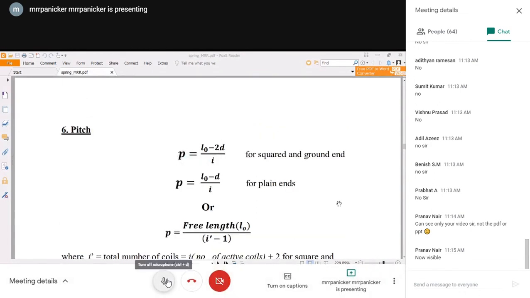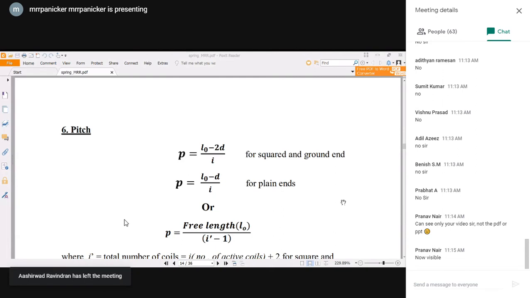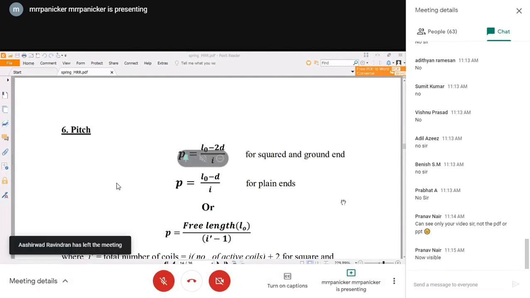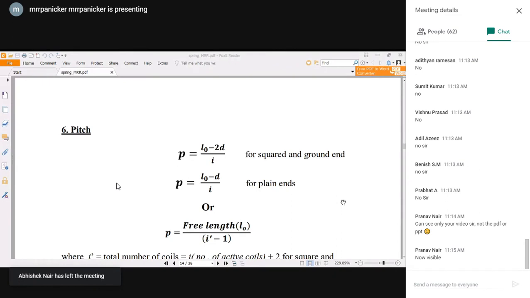The clash allowance is a gap that is given for the consecutive coils. A gap of say 1 mm or 2 mm is provided, and in total it is approximately calculated as 0.15 of the maximum deflection.